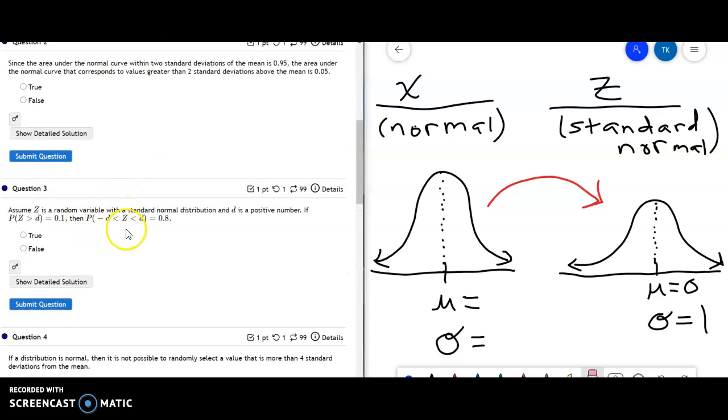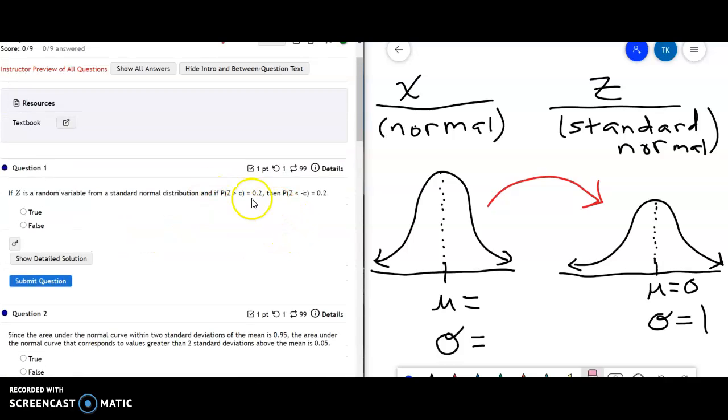The d in this problem, the c in this problem, they're giving you values. If you look at my z-curve here, they're giving you values along the bottom. So in problem 1, when they talk about c, they're talking about a c right there and a negative c right here. They're giving you values along the x-axis.